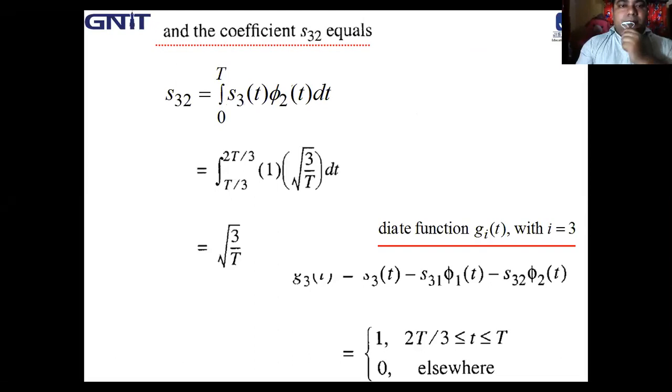Now, phi 2(t) belongs to T by 3 to 2T by 3, and S3(t) has an amplitude of 1 unit, and phi 2(t) we already evaluated as root over 3 by T. So S32 is root over T by 3.